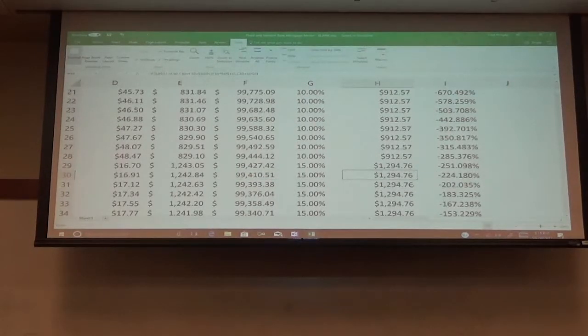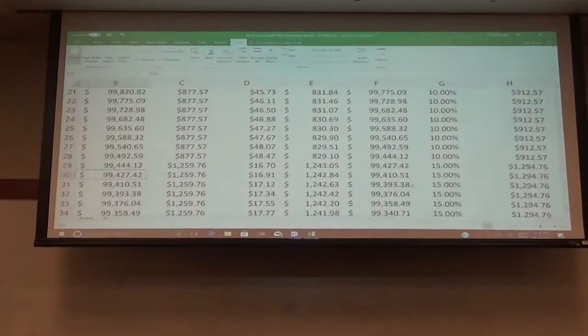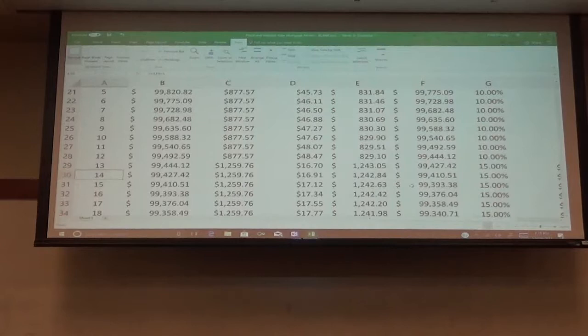Okay, if you're not getting the 1294, well, let's go over and look at the other columns here. So let's start, this is month 14. First of all, do you have 99, 427, 42 as your beginning balance, yes or no? Correct. Okay, C30, starts too low again. So something is wrong then with this column.